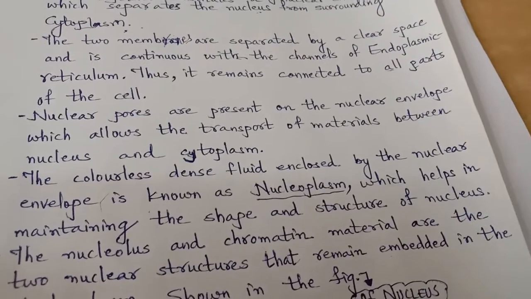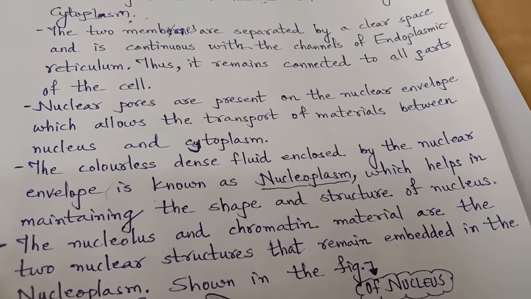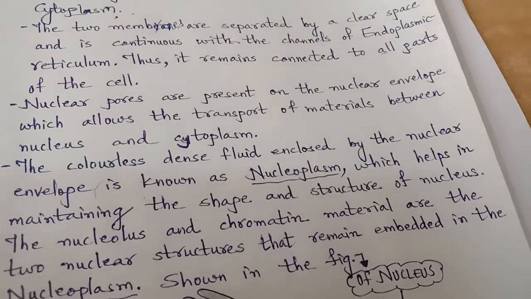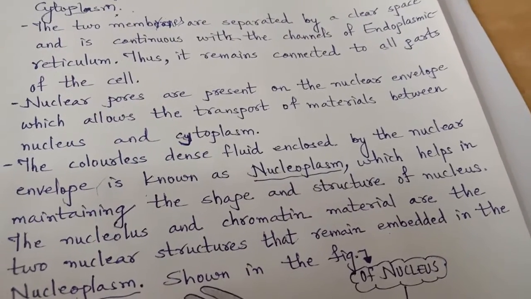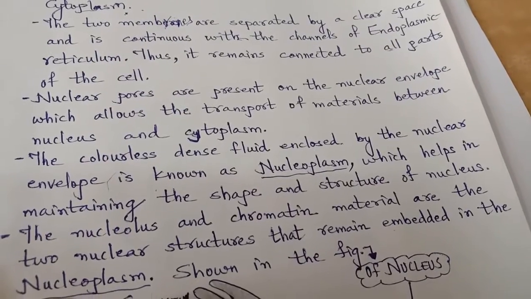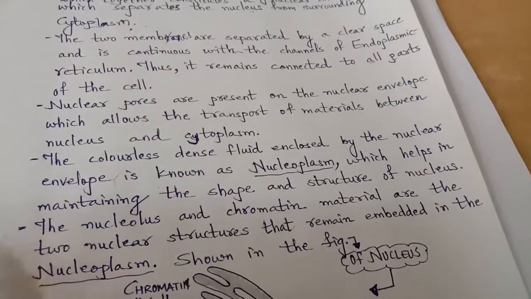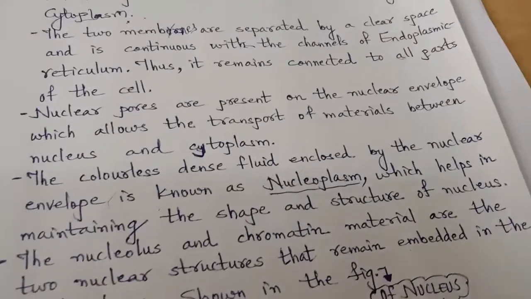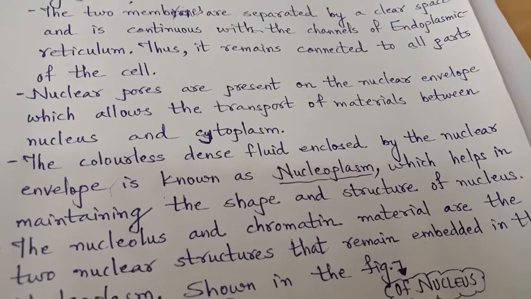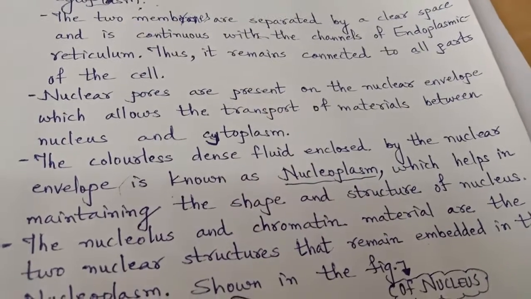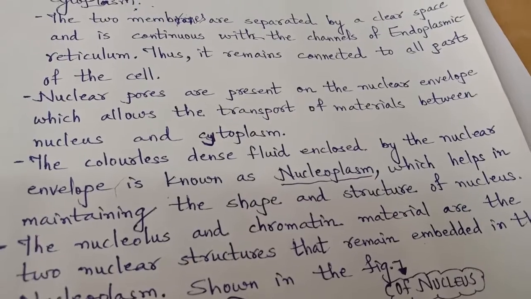And the endoplasmic reticulum are floating cell organelles present in the cytoplasm, and they are connected to each other, and that is why we say that in this manner the nucleus is connected to all parts of the cell. Nuclear pores are present on the nuclear envelope, which allows the transport of materials between the nucleus and cytoplasm. See how nicely the arrangement is there in our body also. Who is taking care?